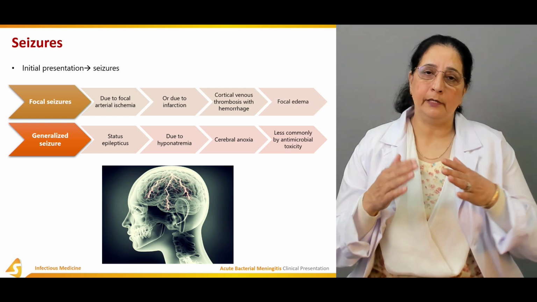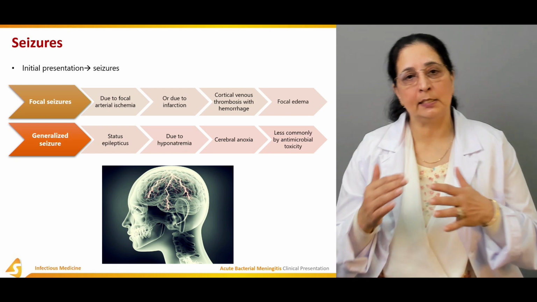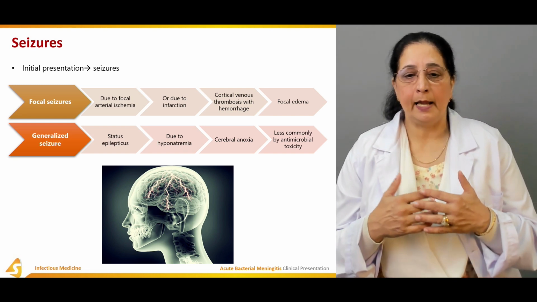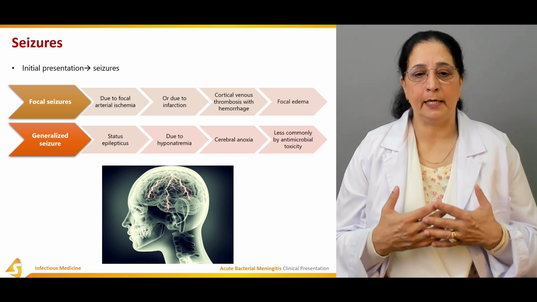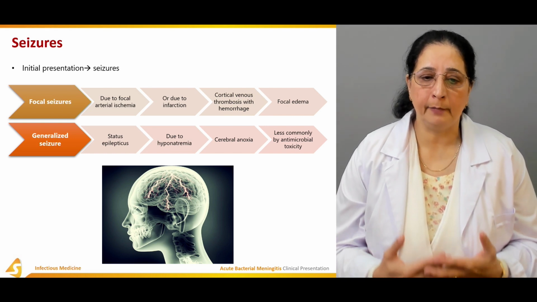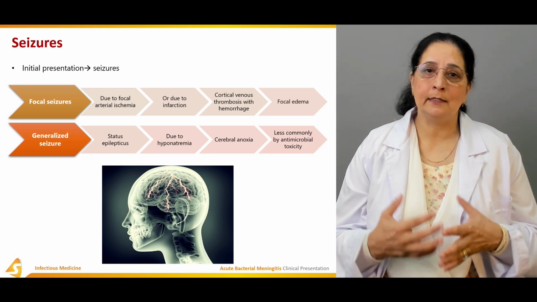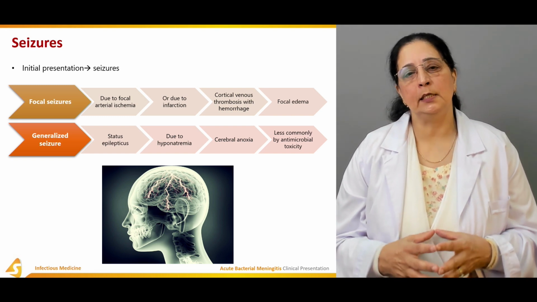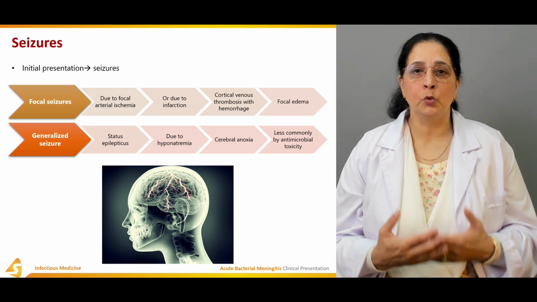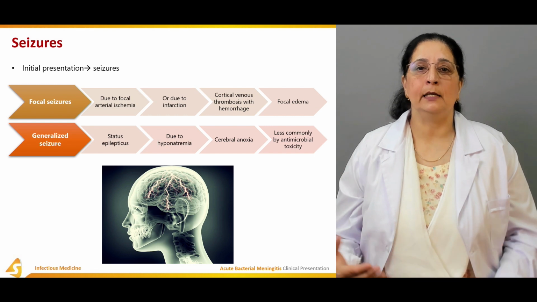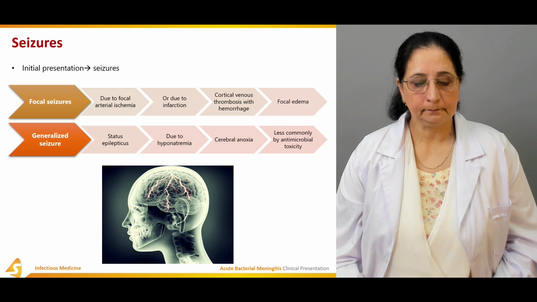So these are two different types of seizures: focal seizures and generalized seizures. And the causes of the generalized seizures are hyponatremia, cerebral anoxia, and toxicity from the antimicrobial drugs that are used to treat meningitis.